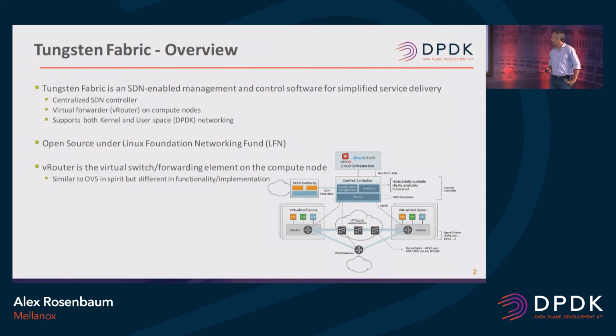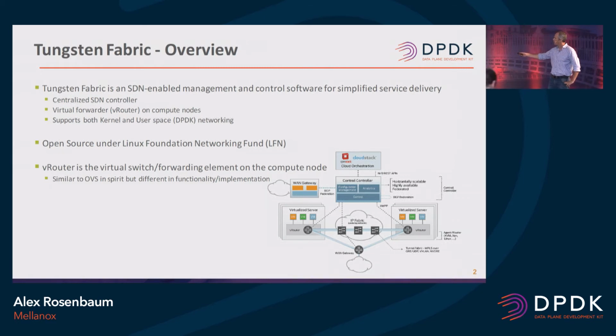It's different in functionality and implementation in the details, but similar idea at a high level. This originated more from the telco operators, and I guess that's part of where the different implementation and functionality is coming from.